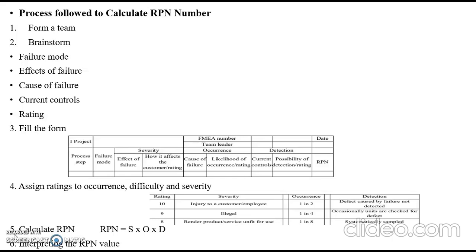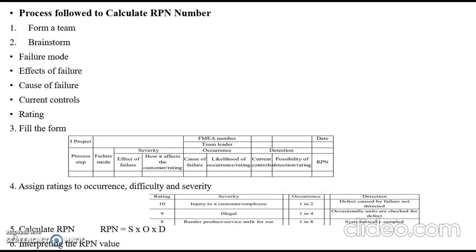And the next step is to calculate the RPN, that is, the risk priority number. This RPN is used to compare and prioritize the potential failure modes. Before calculating the RPN value for the failure mode, the team has to carefully relook at the ratings accorded to severity, occurrence and detection as shown in the table.